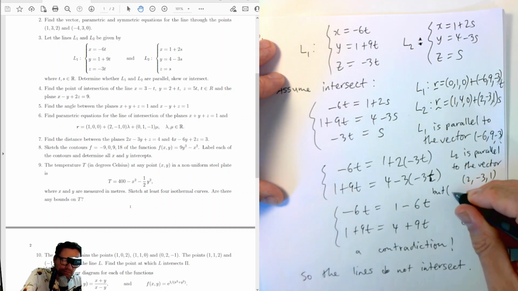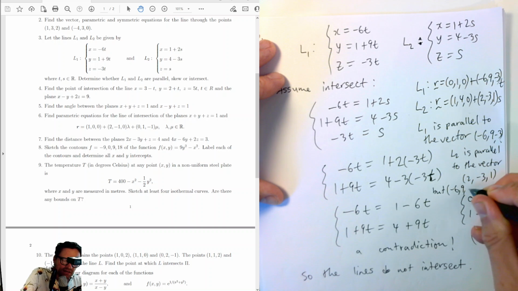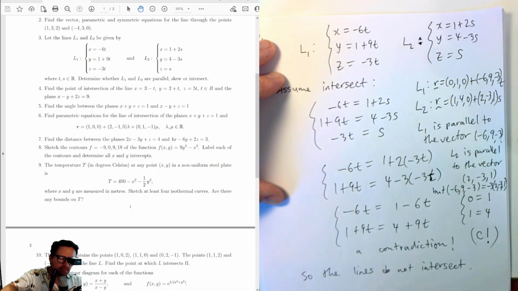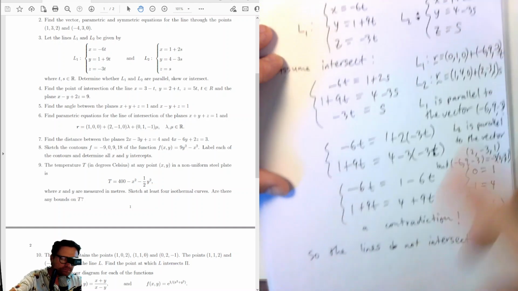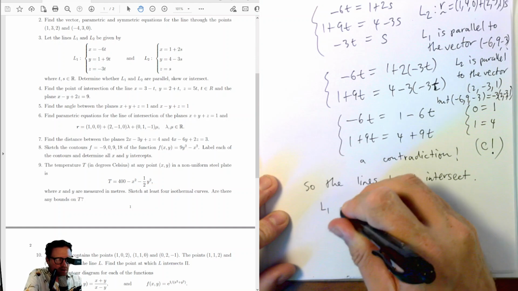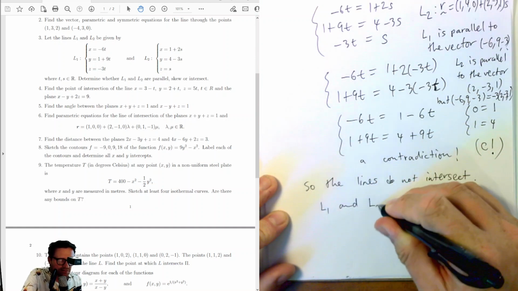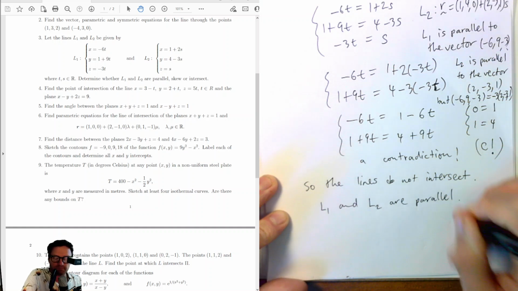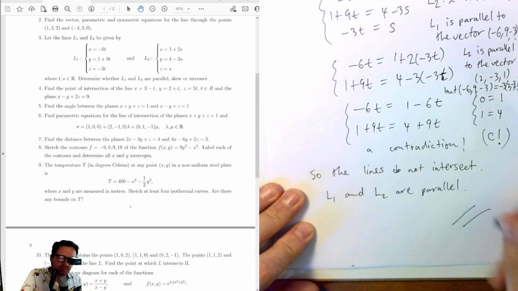So (-6, 9, -3) is equal to -3 times (2, -3, 1). So the 2 vectors, this and this, are parallel, so that means that the 2 lines, L1 and L2, are parallel. Something like that.